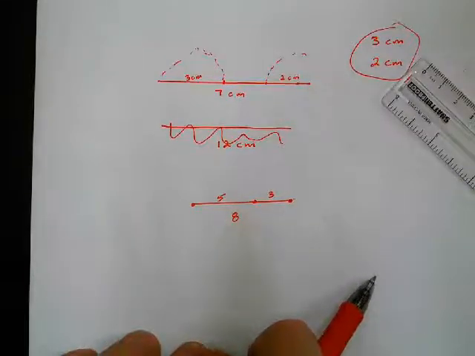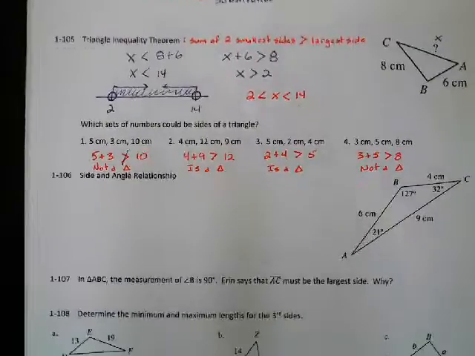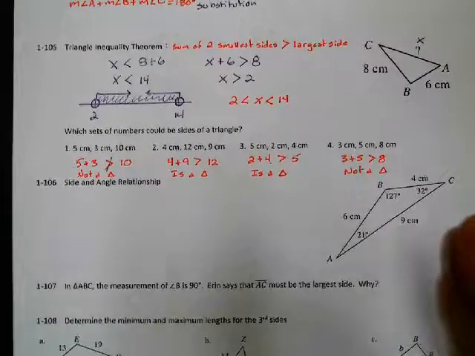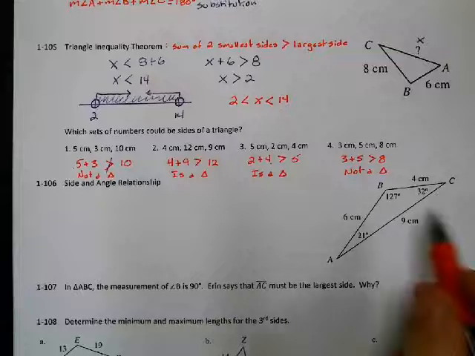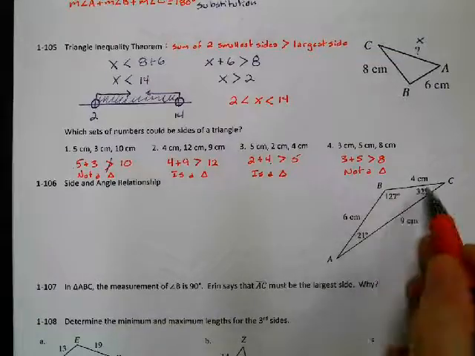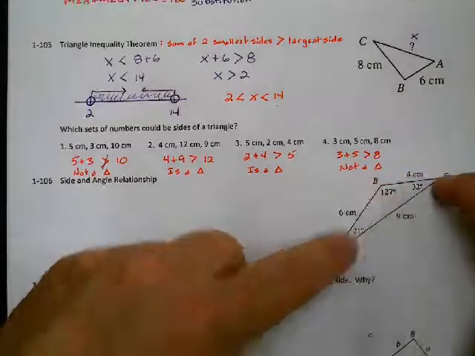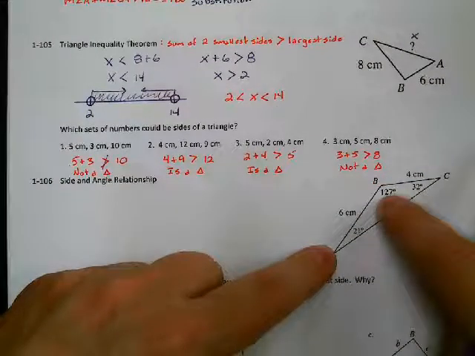All right, side and angle relationship. So the side and angle relationship is this. See how this 127, that's a pretty big angle, right? Well, if we follow out the angle, that 127 is making this side over here, the 9 side.